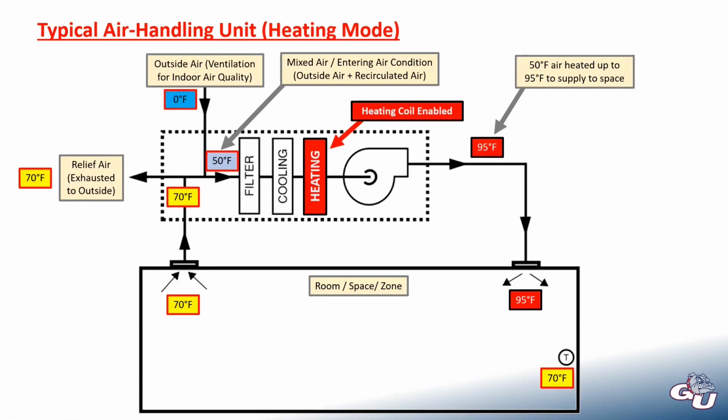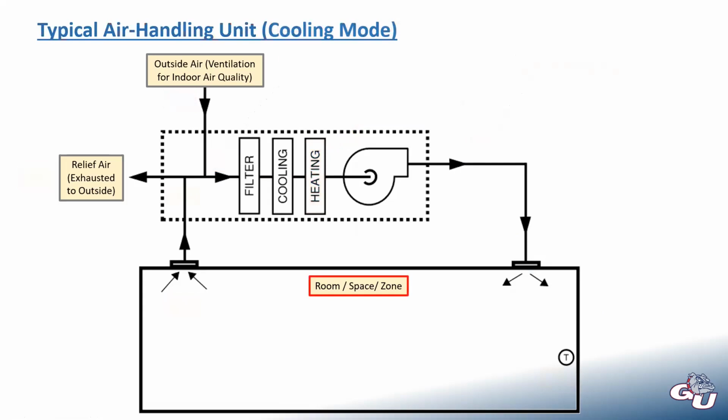On the cooling side, it's very similar. Normally we keep our rooms warmer in the summer, so say 75 degrees instead of 70, which means we're going to pull 75-degree air out of the room. We've got to relieve that air, same temperature.